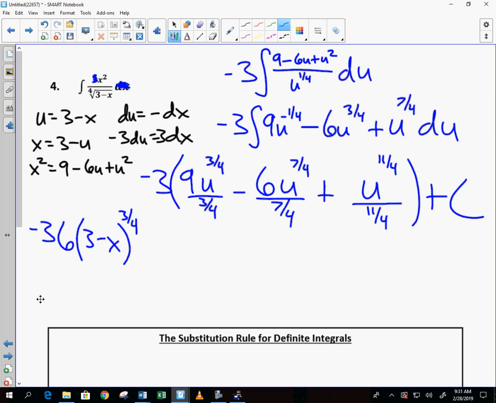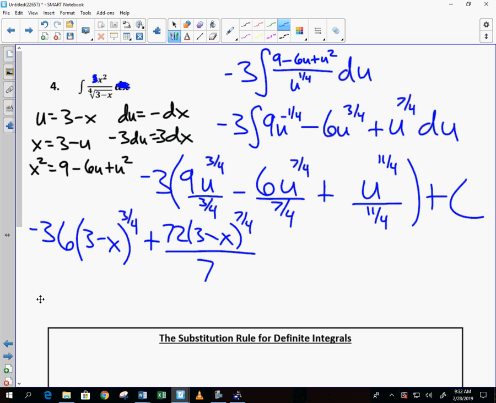Okay, I'm going to do this again. Multiply by the reciprocal, and I get 24 times negative 3, 72. It's going to be positive, so plus 72. And it's going to be over what? 7? 3 minus x to the 7/4.